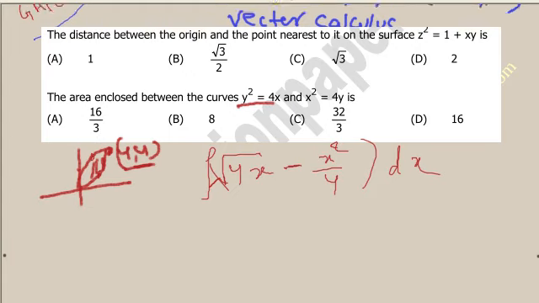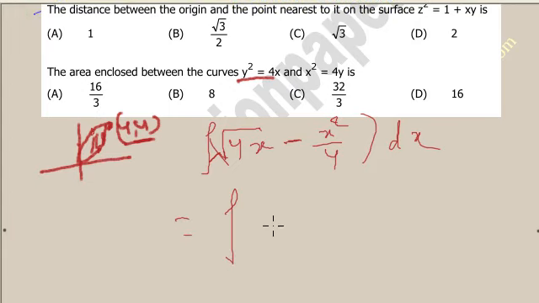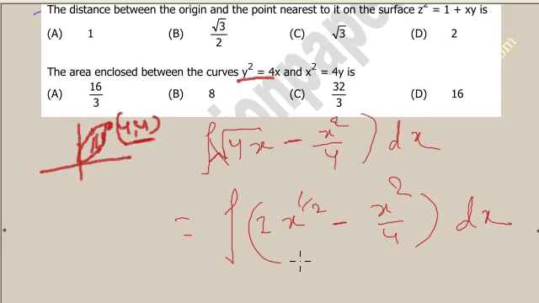So you can write it as the integration of 2 x to the power 1 by 2 minus x square by 4 dx, and x ranges from 0 to 4.